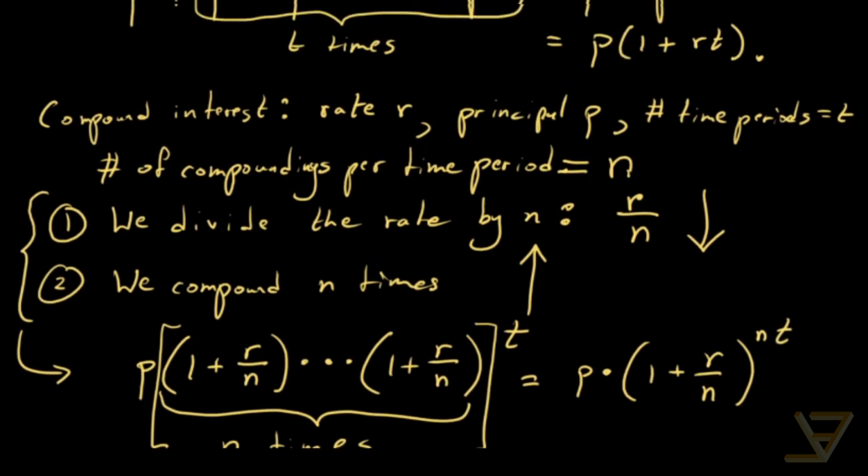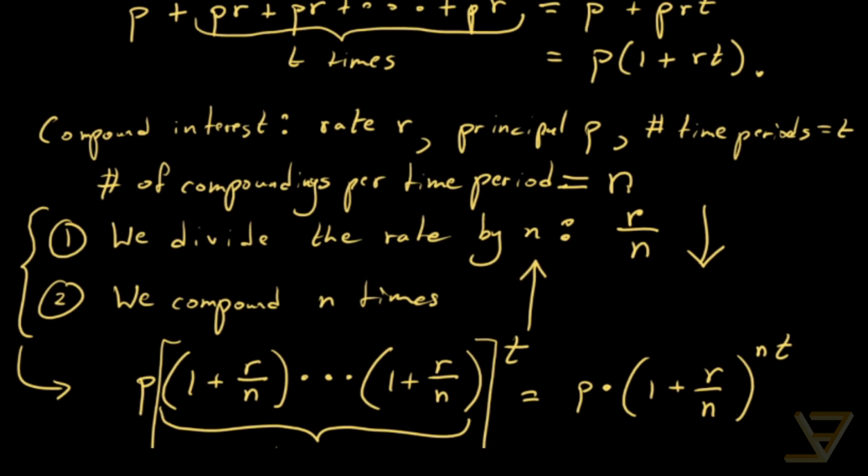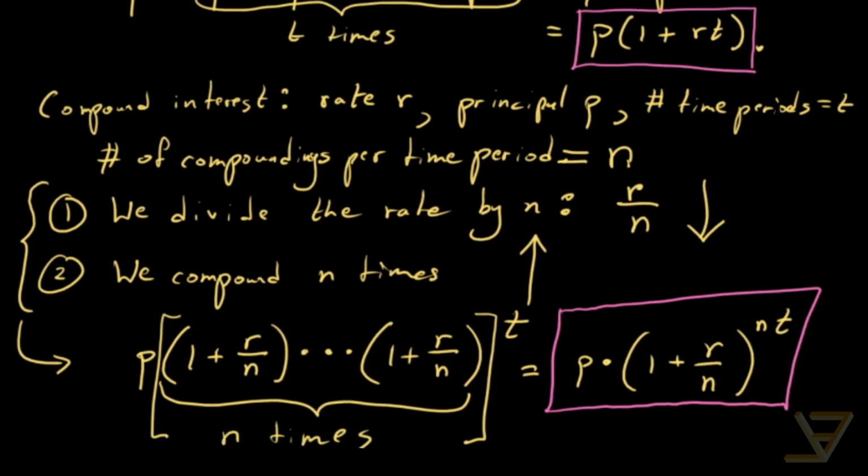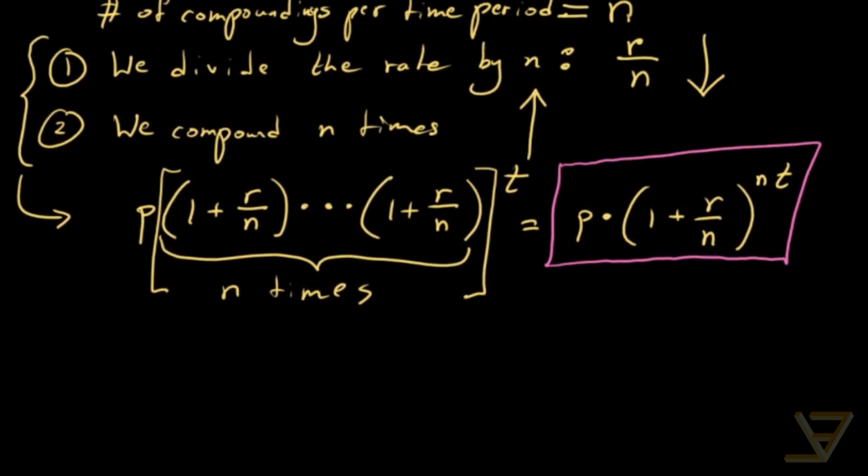So let's compare the two expressions that we have. We've got p times 1 plus rt. That's the simple interest formula. And we've got this expression for the compound interest formula. And we want to know which one is bigger. So traditional wisdom says the compound interest is better.